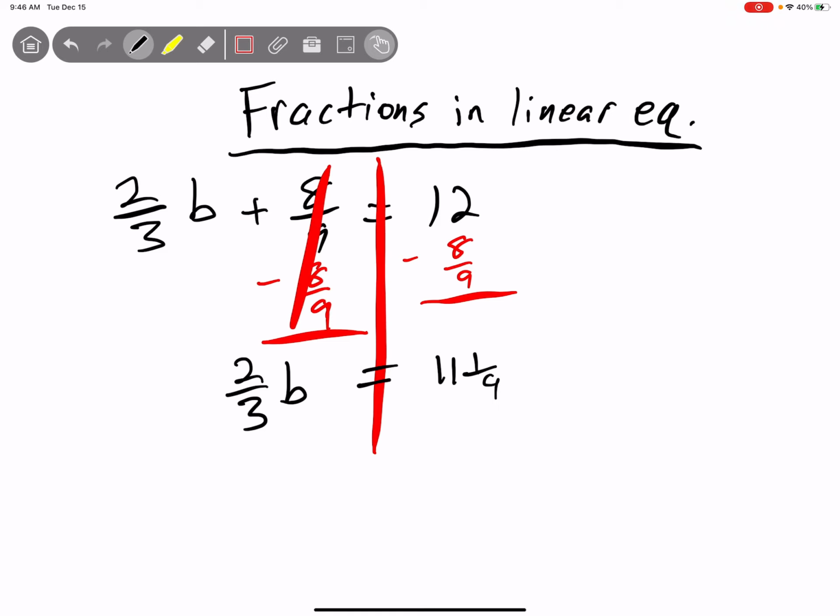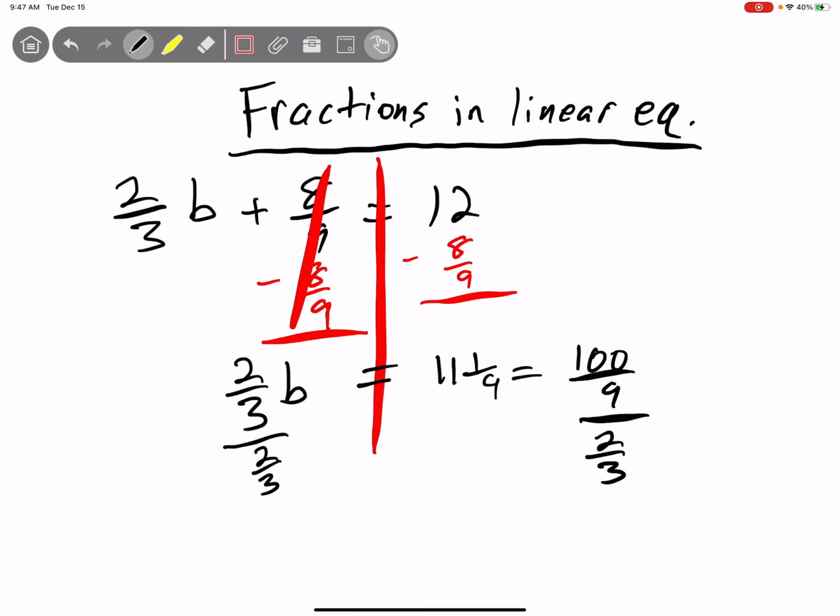Which equals 2/3 b. And now I'm going to have to divide by 2/3. I'm actually going to change this 11 1/9 into 100/9 and then divide by 2/3.